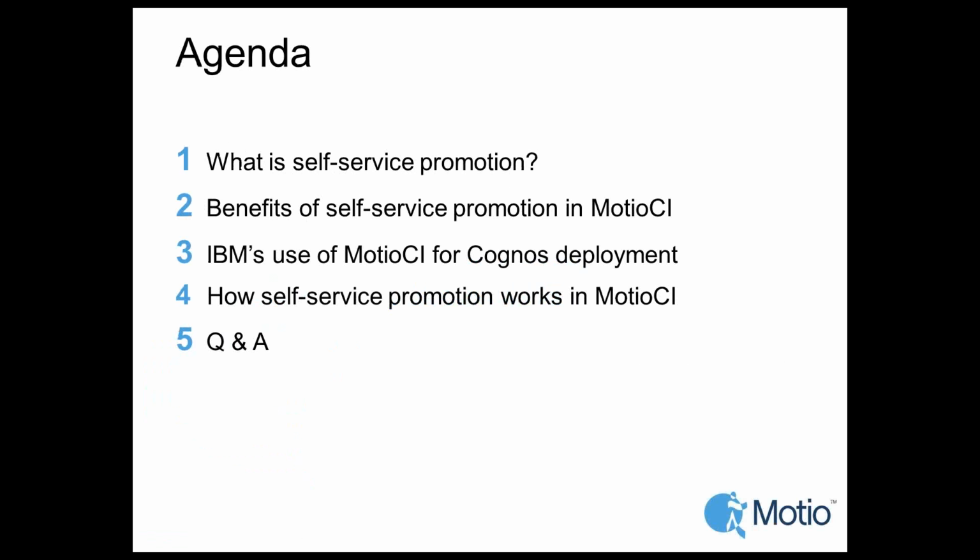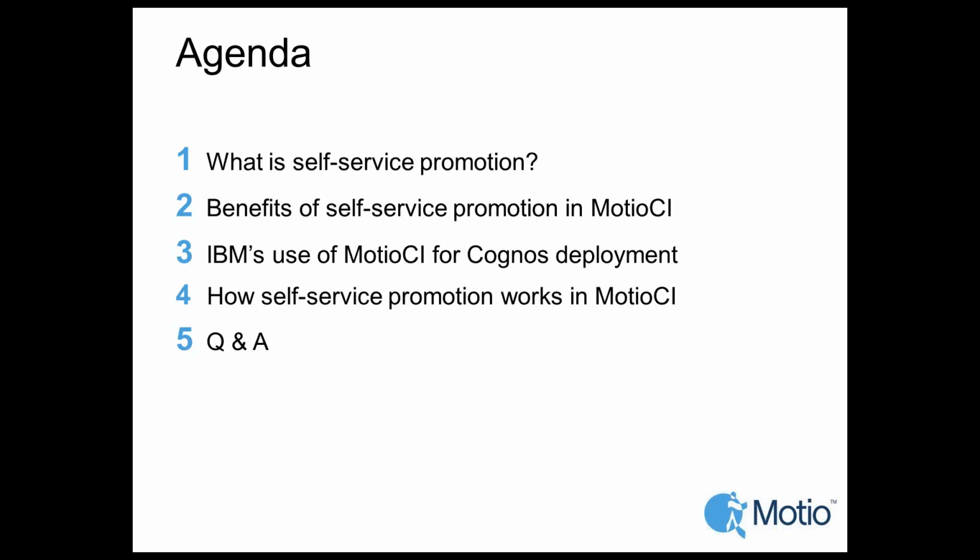All right. So you've got a little outline here of what we're going to be talking about. First off, I'm going to give you a little introduction to the concept of self-service promotion. I'll show you a quick and easy self-service promotion very quickly and then run through an overview of what the benefits are. After that, we'll talk about a case study in which IBM's Office of the CIO, the single largest Cognos installation in the world, is using MotioCI to help automate their deployment process.